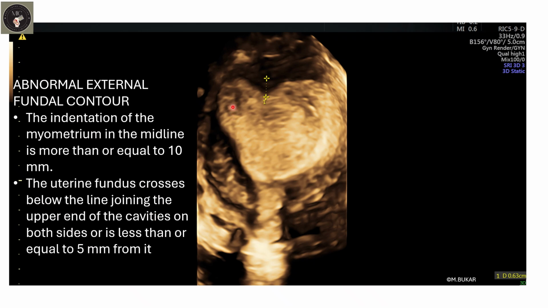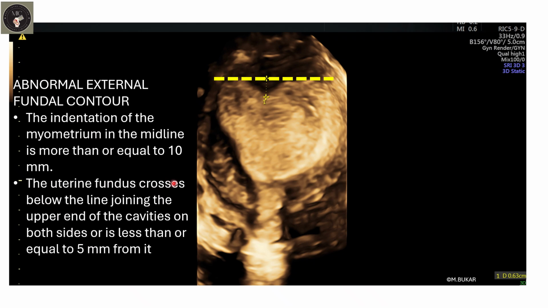Now let's remember this is the endometrial cavity. You can see an indentation here. Now look at the upper ends of the cavities. Now look at this line that joins the upper ends of the endometrial cavities.